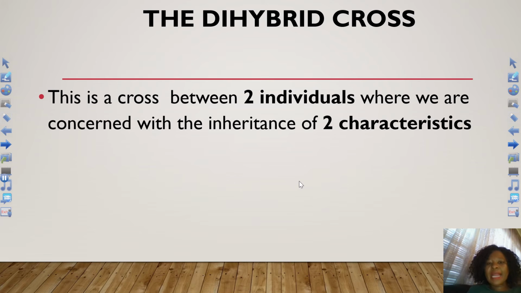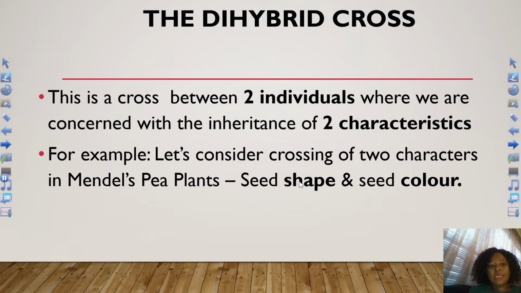So if it is a dihybrid cross, you are crossing two individuals where you are concerned with the inheritance of two characteristics simultaneously. If you remember, with a monohybrid cross, we were only looking at the inheritance of one characteristic. So here we are looking at the inheritance of two characteristics.